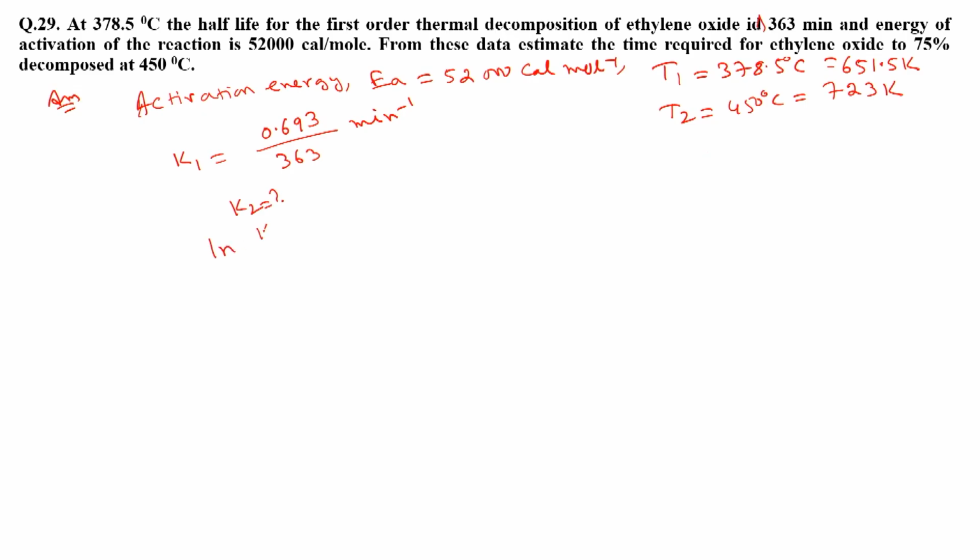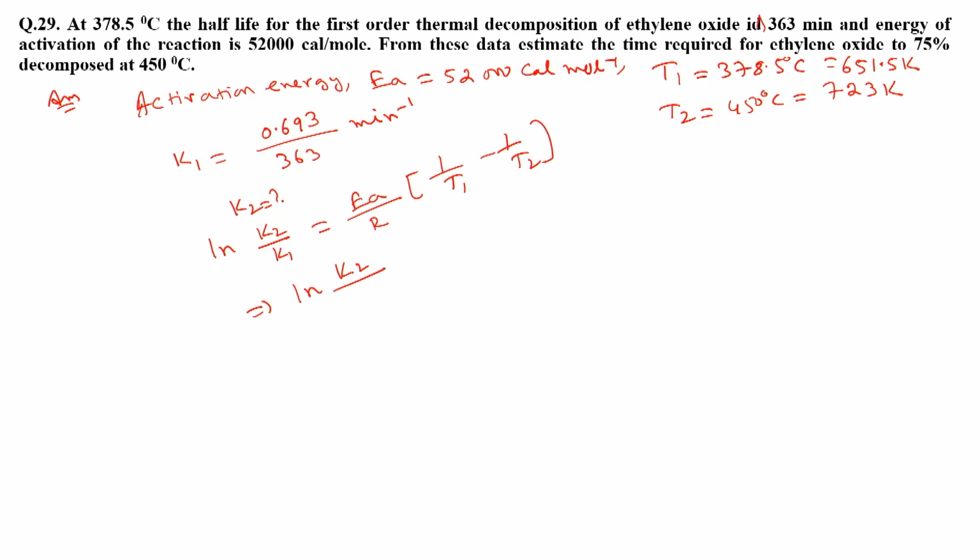So, ln K2 by K1 is EA by R times (1 by T1 minus 1 by T2). So, K2 we need to calculate.